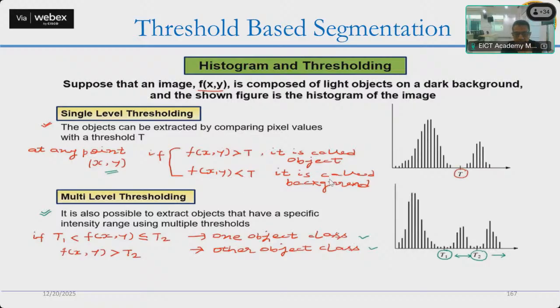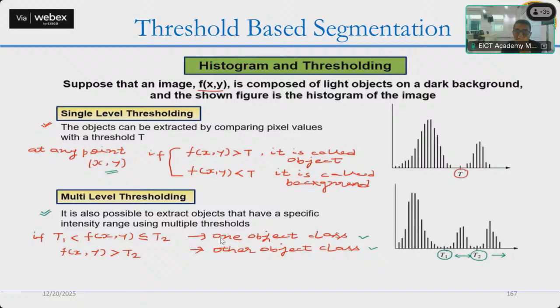One of the simplest ways to threshold is to separate the foreground or object from the background. Somebody has put it this way in this figure. Multi-level thresholding: now not only one object is there, many objects are there. You can see the example. It is possible to extract objects that have a specific intensity range using multiple thresholds.